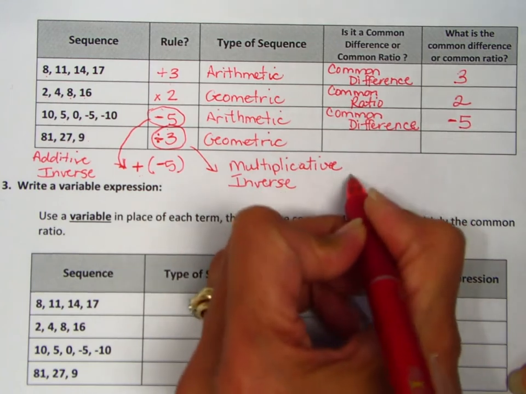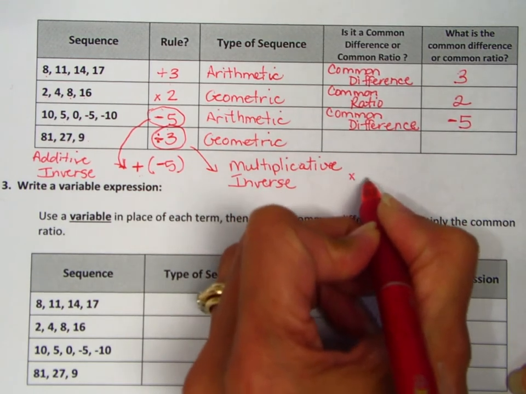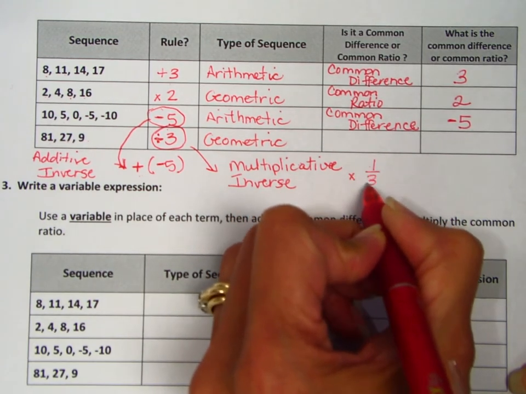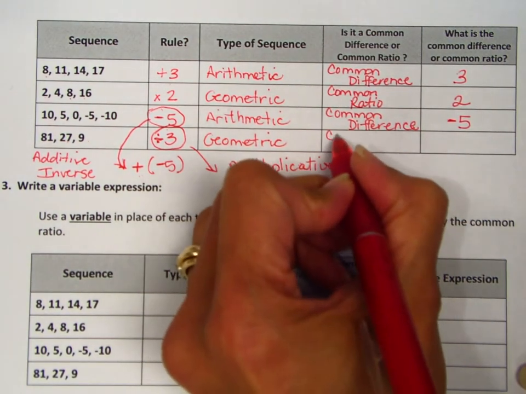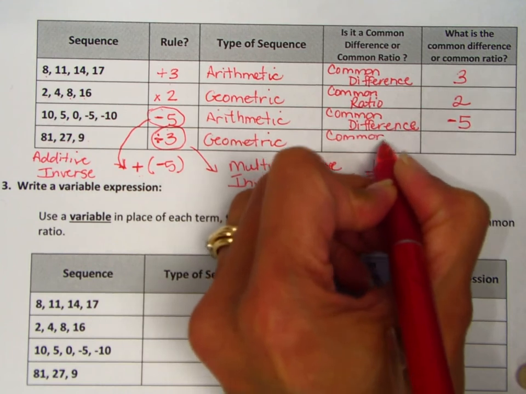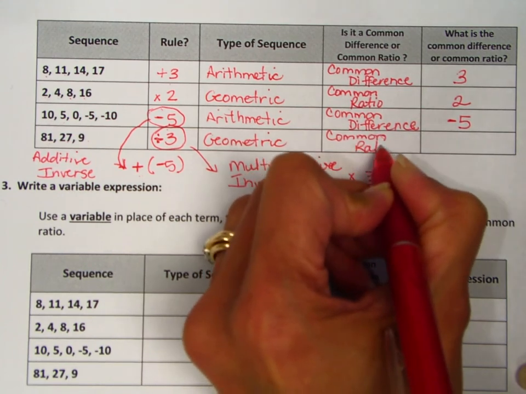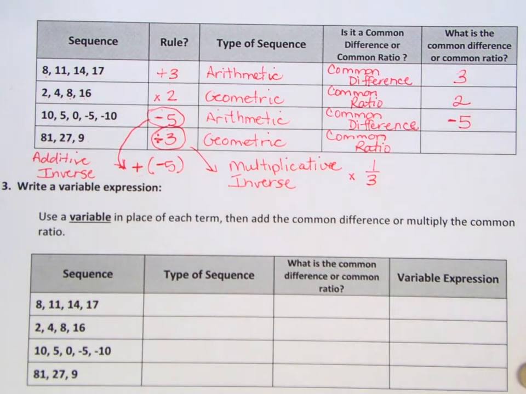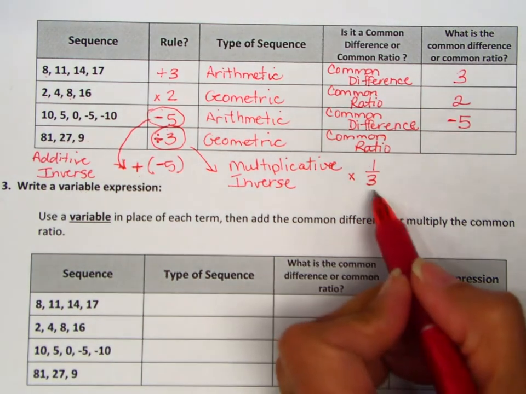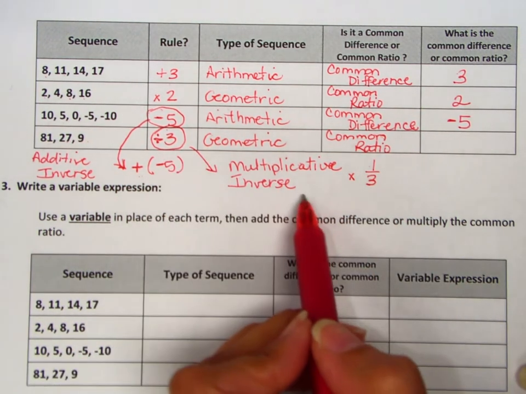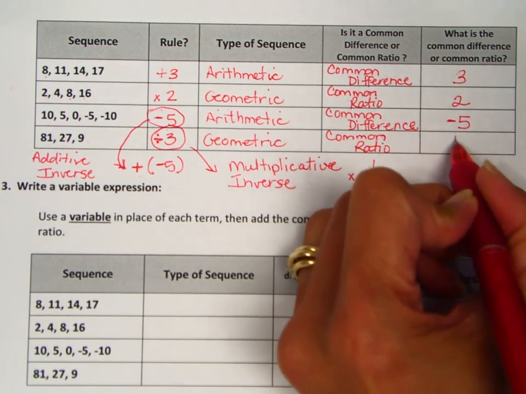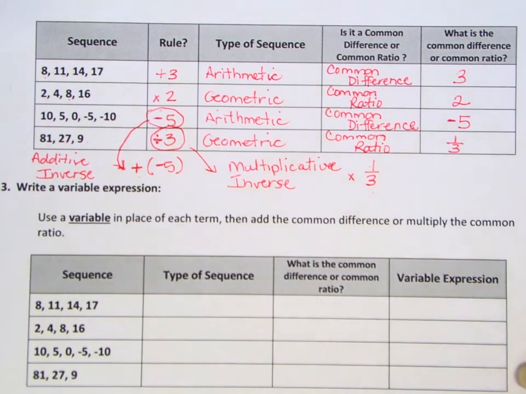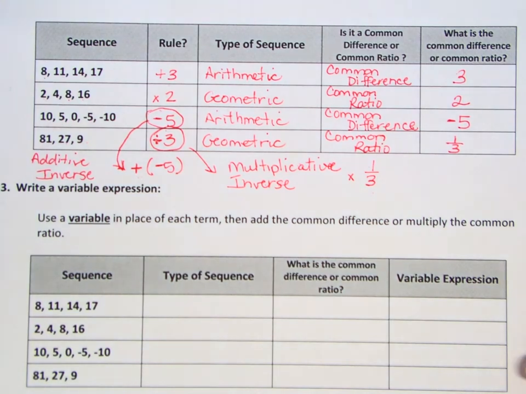So that we can actually multiply by 1/3. So we have a common ratio for geometric sequences, and we know we have to multiply. So we're not going to divide by 3. We're going to use the multiplicative inverse to change that to multiply by 1/3. So 1/3 becomes our common ratio.